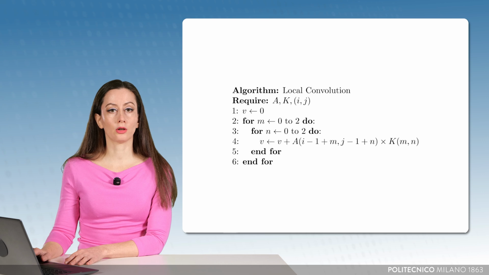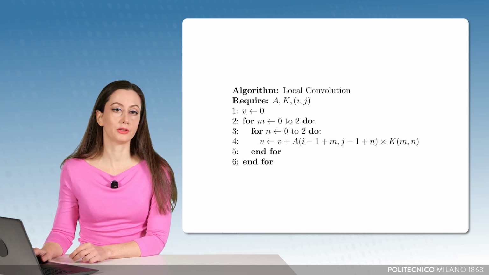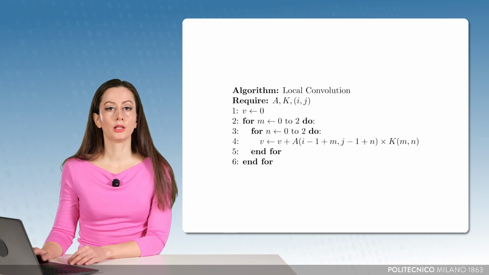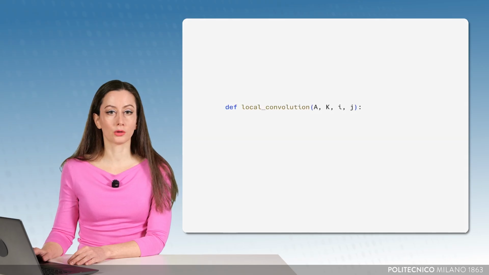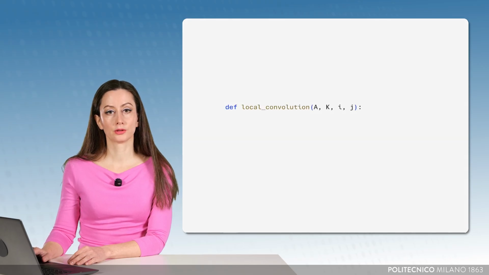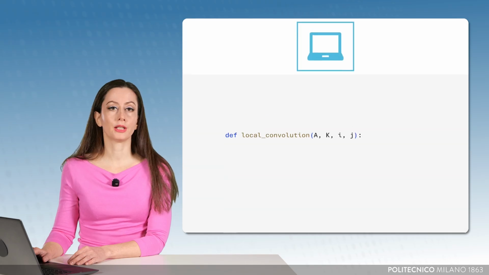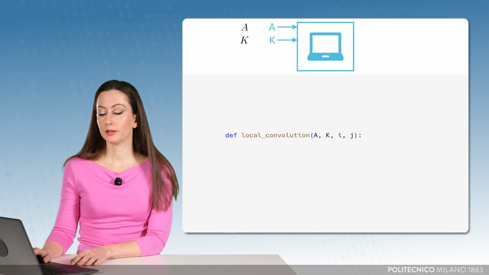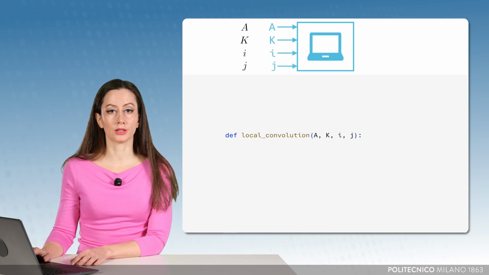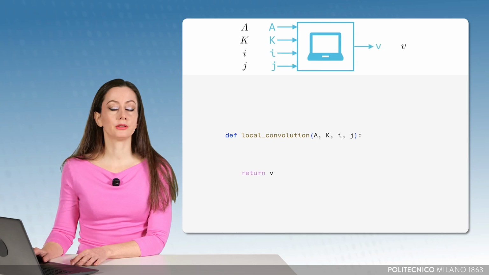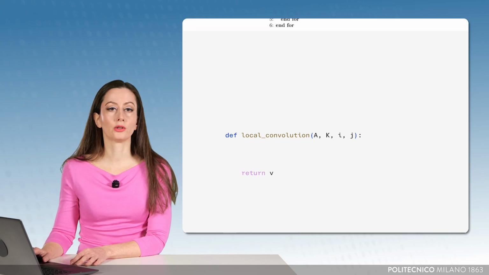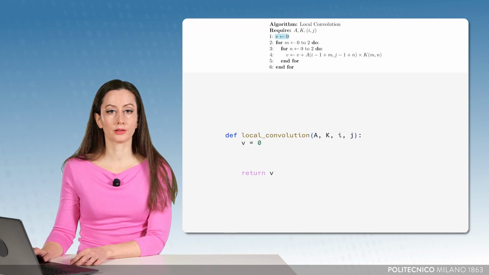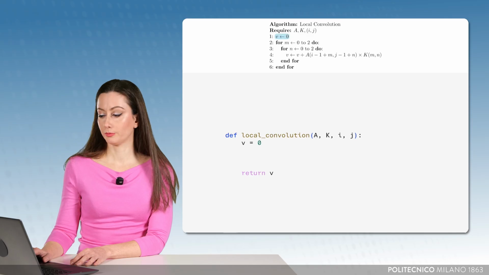Now we can implement local convolution applied to a specific pixel in position i, j, as in the pseudocode. Let us create a function called local convolution. This function takes as input the matrix A, the kernel K, and the indices of the pixel i and j, and returns the value of the filtered pixel. First of all, we declare the variable v and set it to 0.